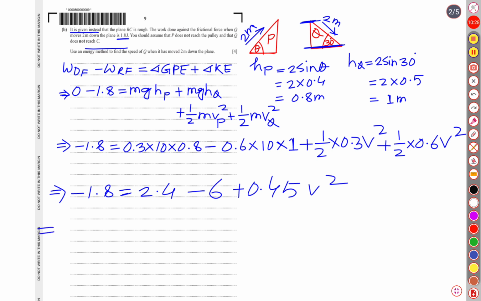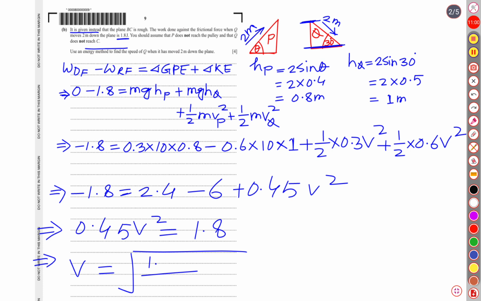Then if we isolate our v square, 0.45 v square is equal to 3.6 minus 1.8, so it is 1.8. We are supposed to find velocity, so v is equal to 1.8 over 0.45.